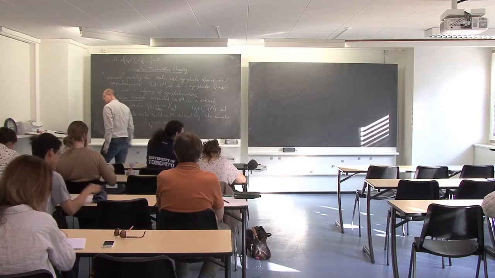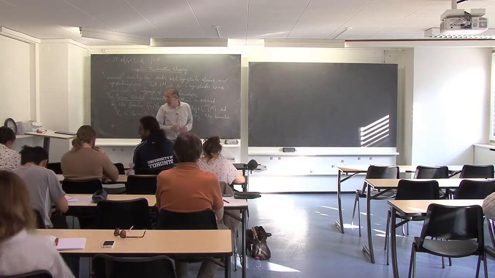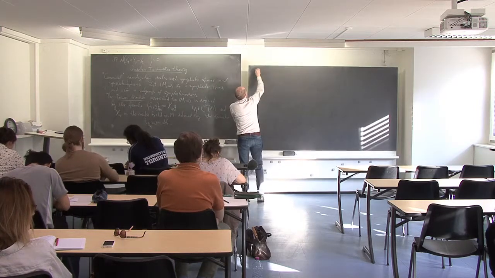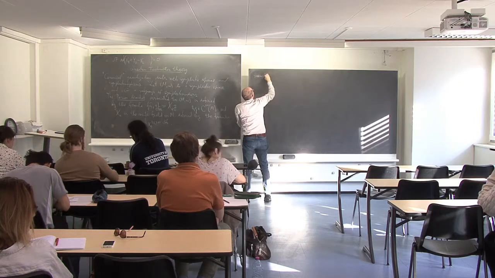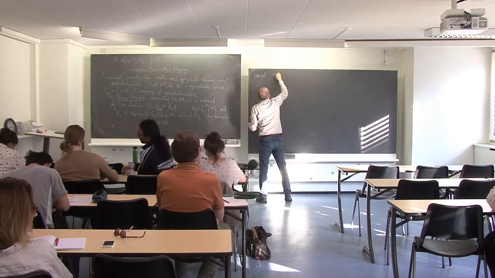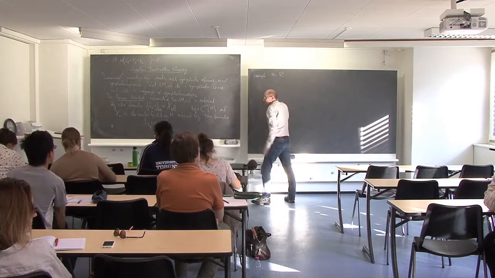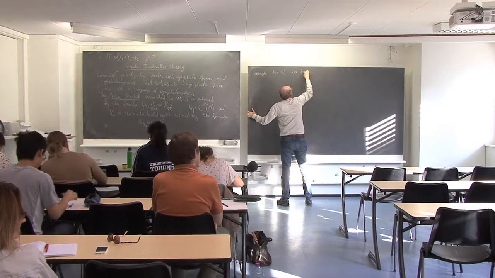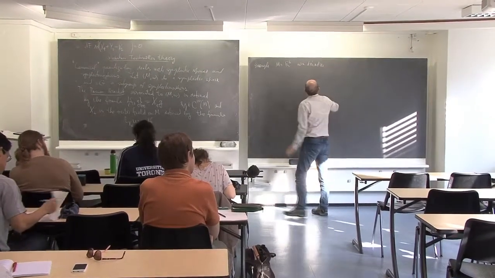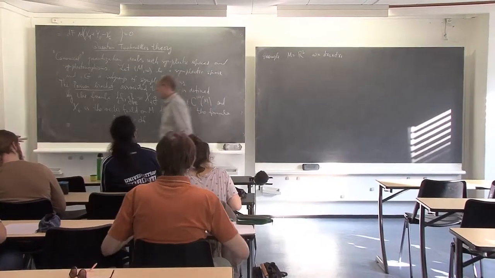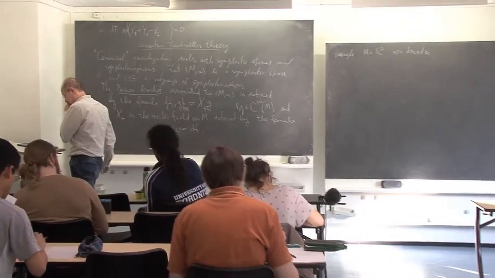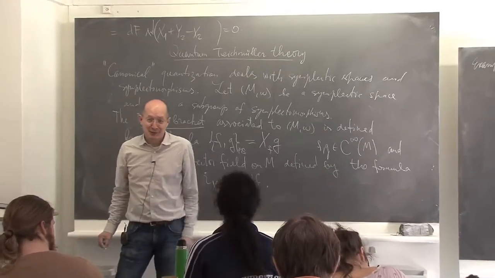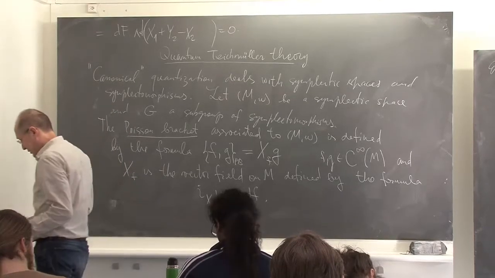Okay, so we have defined the Poisson bracket. Let us see an example. So we take M to be the real plane, and the symplectic form, the canonical one. For some reason I write first x2 and then x1, not vice versa.